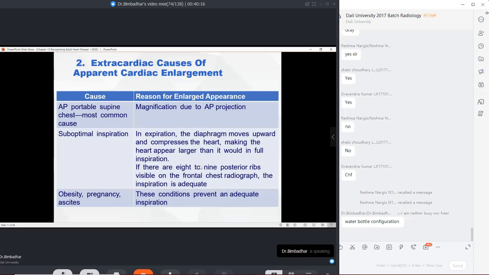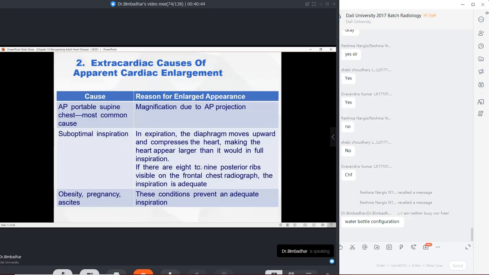But if I cannot find the posterior rib shadows, then I understand this patient is not having full inspiration, and maybe the film was taken in expiration. That will cause an apparent cardiac enlargement.